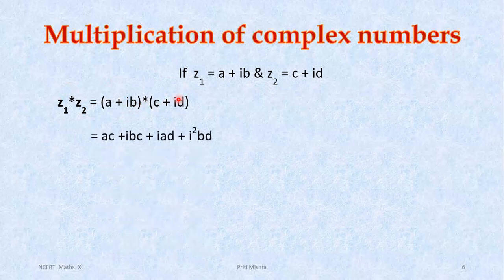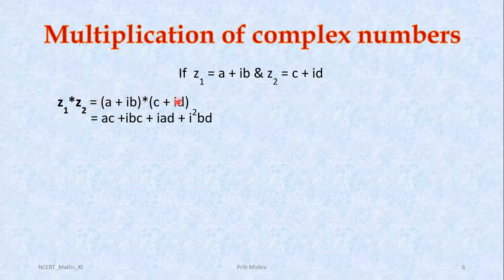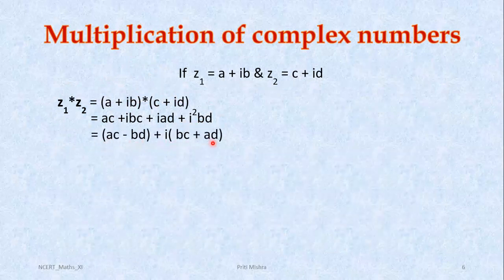So here we will be having ac plus ibc and iad and i square bd. After putting the value of i square, we are having (ac minus bd) plus i times (bc plus ad). ac minus bd is the real part of z1 z2, and bc plus ad is the imaginary part of z1 into z2.